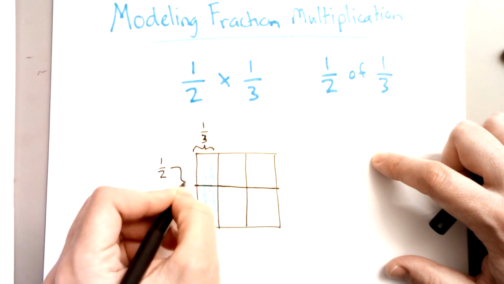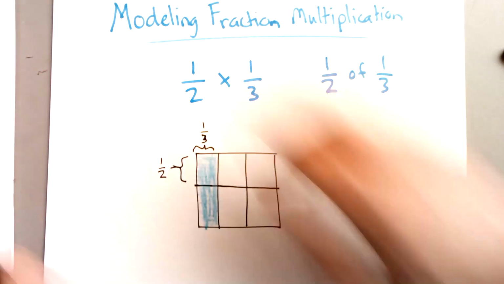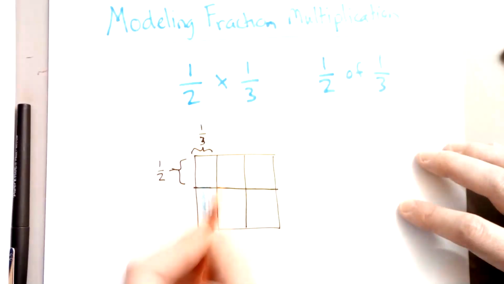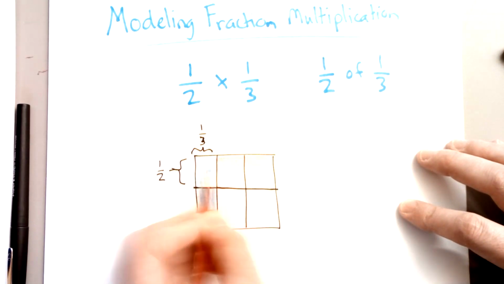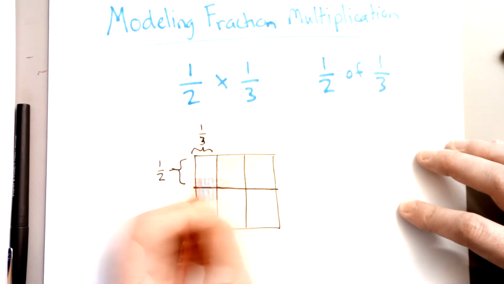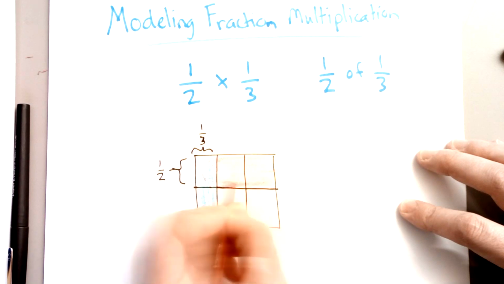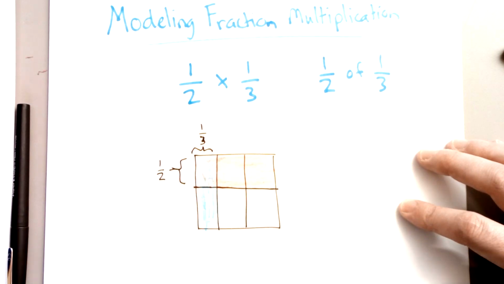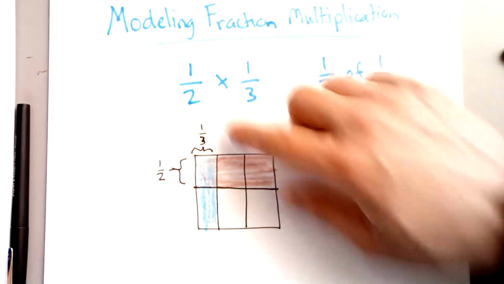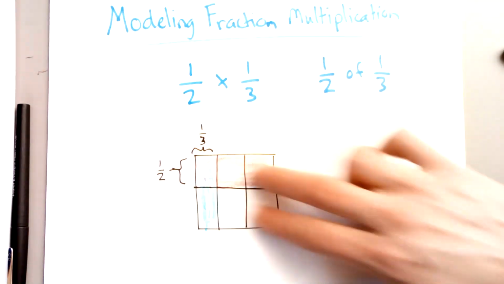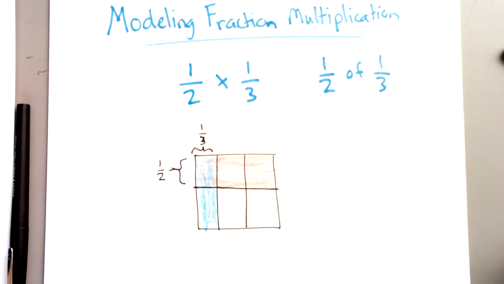I only get 1/2 of it. So I'm going to shade the other side, this 1/2. I'm going to shade half of the whole in red. So the 1/3 was shaded in blue in columns, and the 1/2 is shaded in red in the rows.